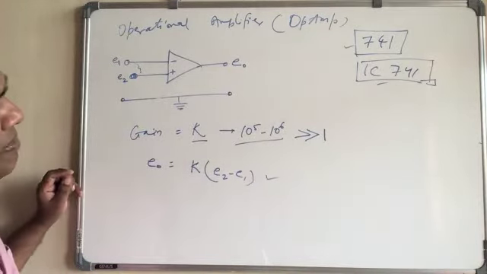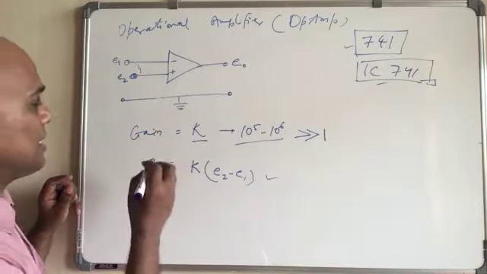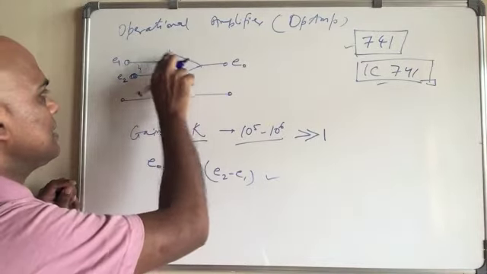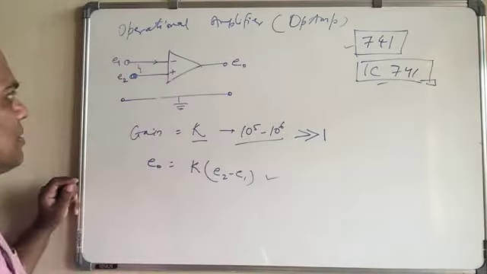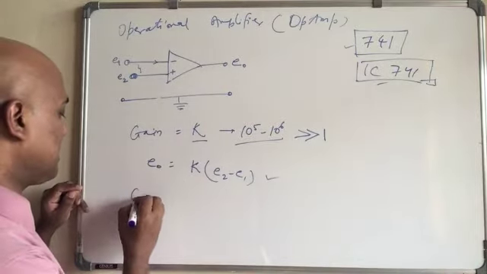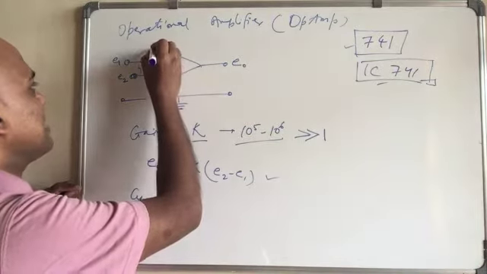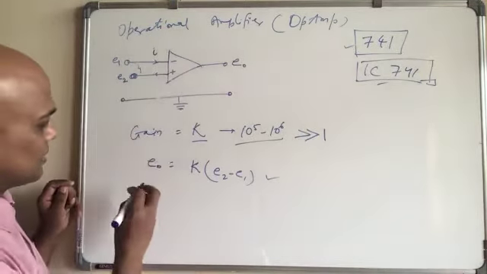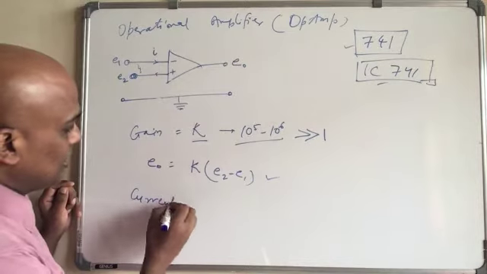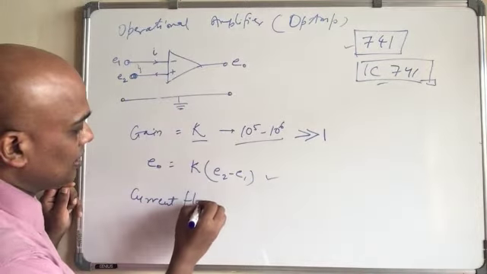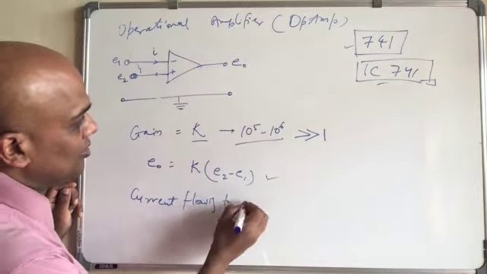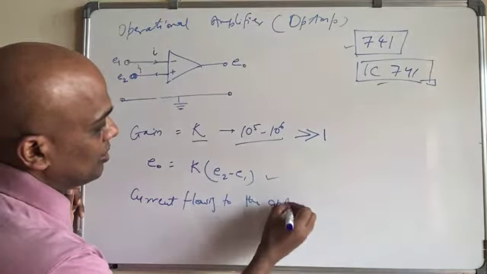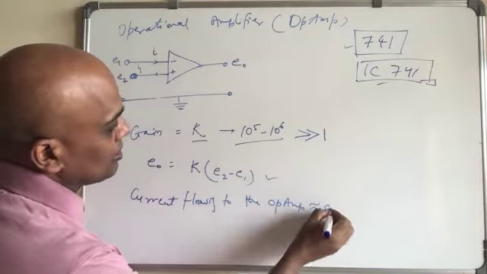One assumption you also have to make is that the current flowing into the op-amp is very small. If this current is I, then the current flowing into the op-amp is equal to 0.